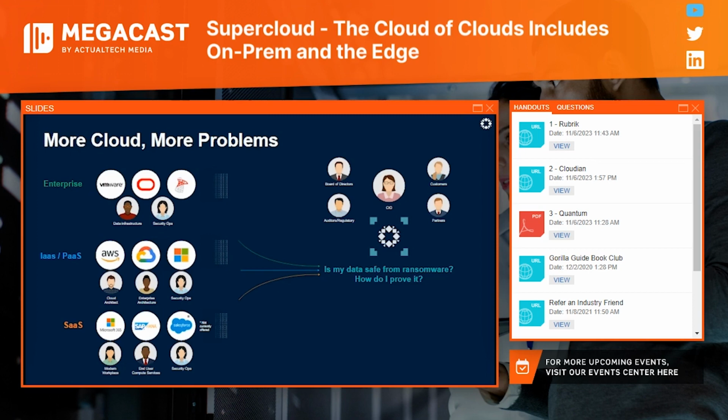But as you start to move into the cloud and take advantage of infrastructure as a service, platform services, or SaaS, which we're all doing more increasingly over time, you start to see that the problem gets exponentially worse.